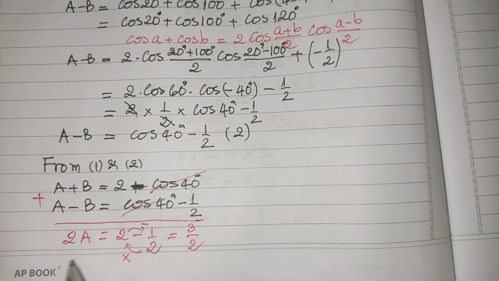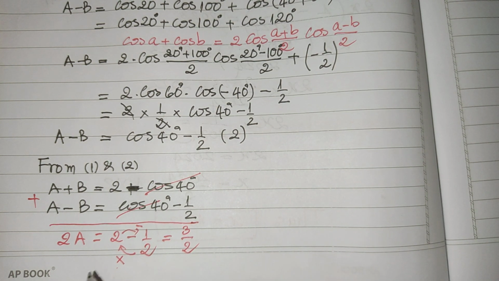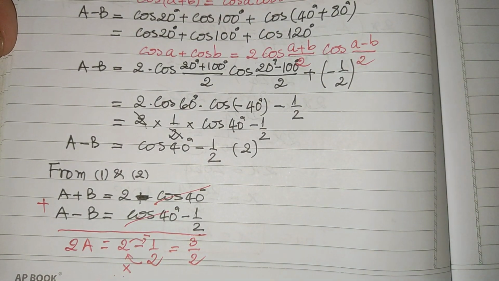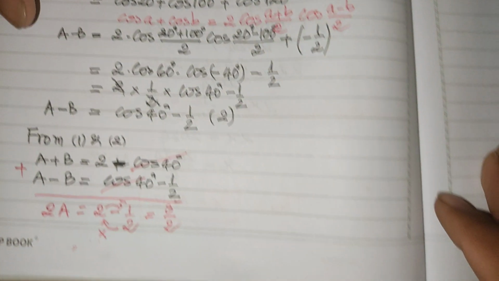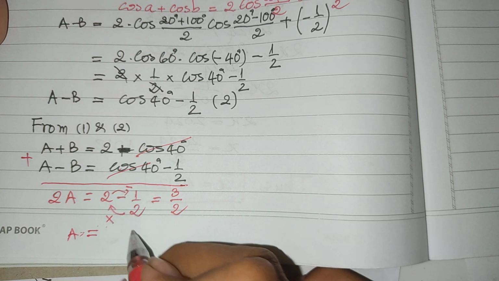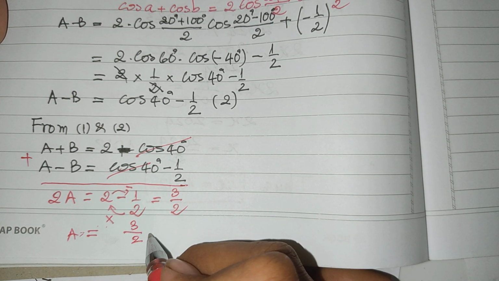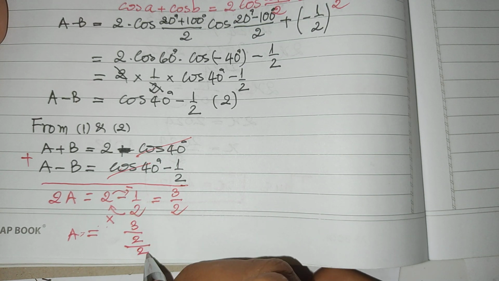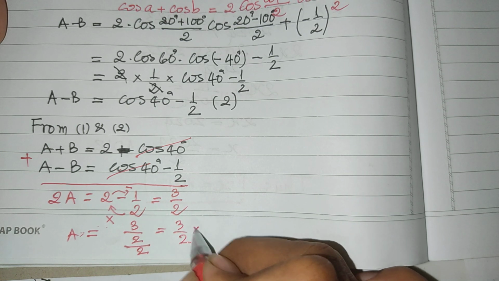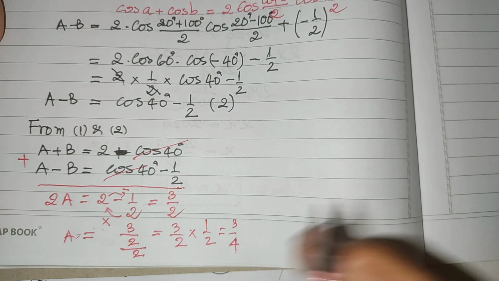And now we get the value of a: a is equal to 3 divided by 2 divided by 2, which is equal to 3 divided by 2 multiplied by 1 divided by 2, equal to 3 divided by 4.